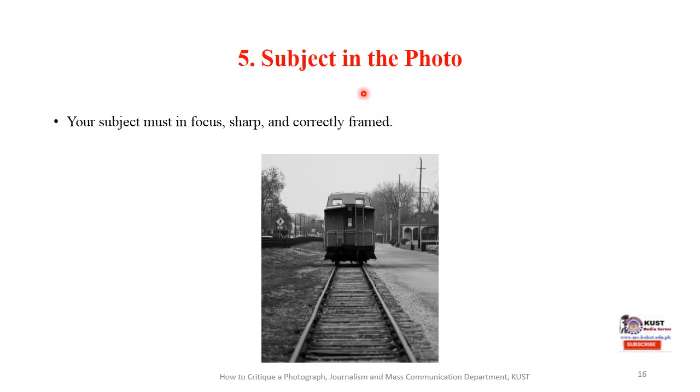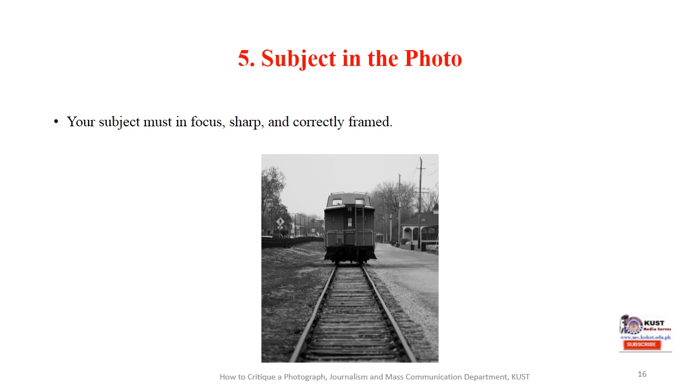Then we have the subject in the photo, whether the subject that you are focusing on is properly focused, sharp and correctly framed or not. Look at this very picture. Here the photographer is focusing on this very subject, the train, right? So we need to have an understanding and we need to be careful about the subject, whether the subject is properly focused or not.